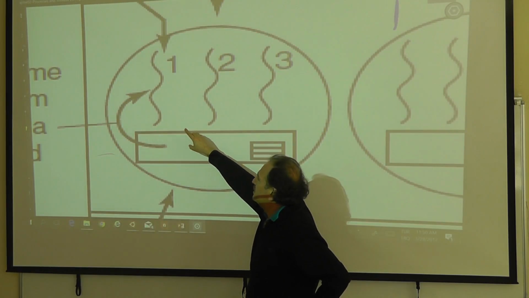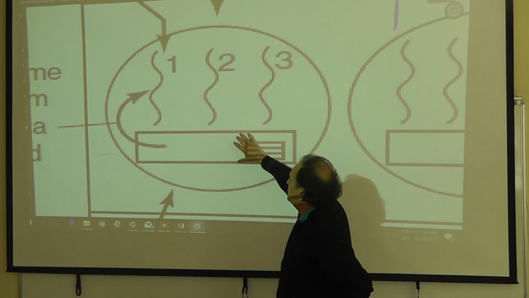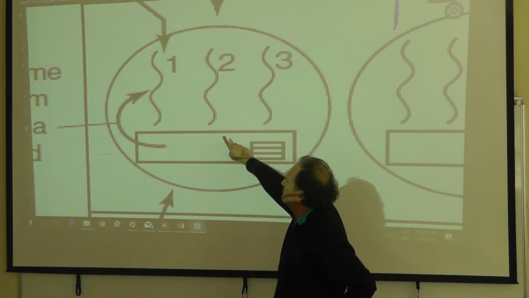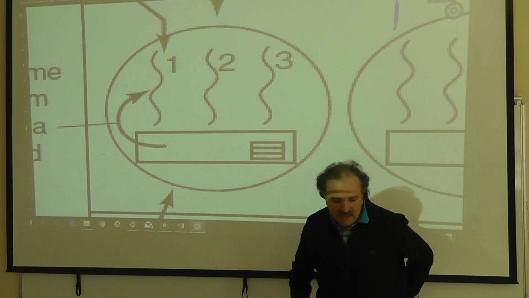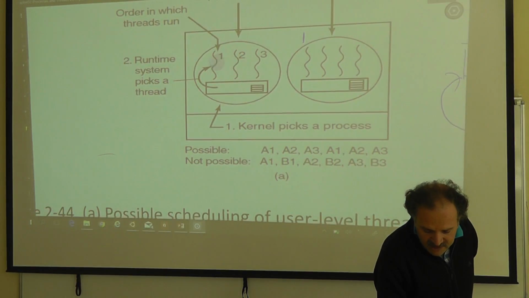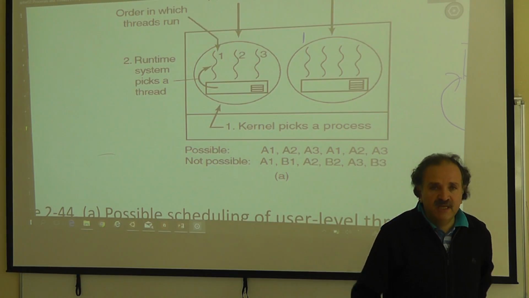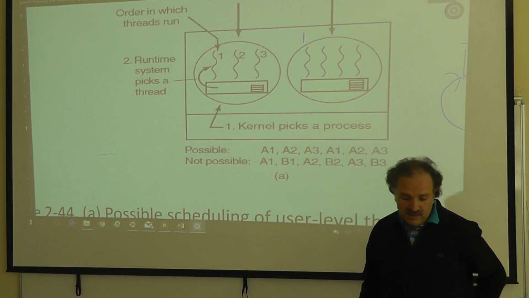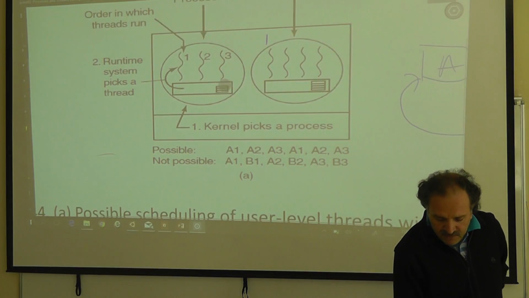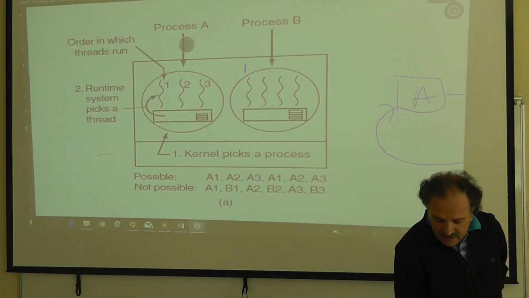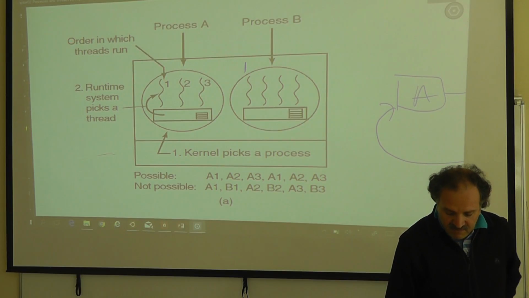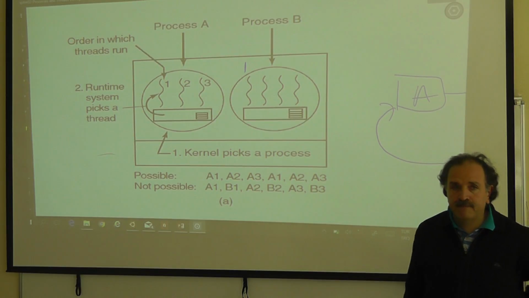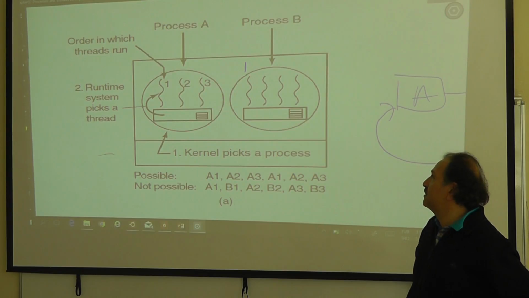When this thread yield call is made, the scheduler will get this call and it will switch from this thread to this thread and this thread. But you cannot make the switch from this thread to this thread. You can only switch between these three inside the same quantum. If the time is up for process A, then I will go to process B, and process B will start doing the same thing.